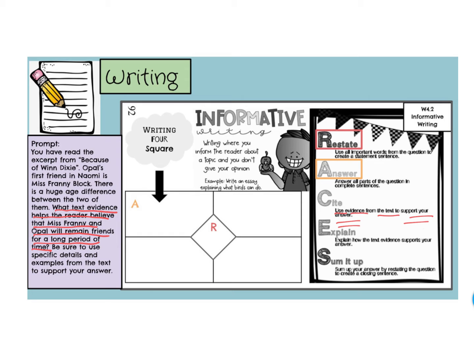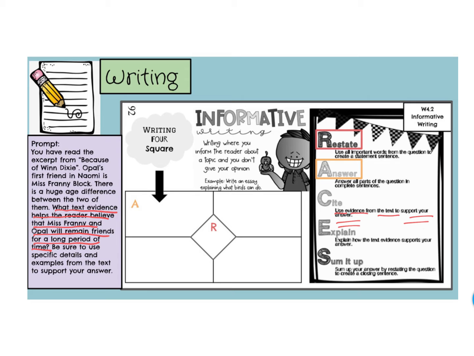So now I'm ready to brainstorm my R in RACES. Use all important words from the question to create a statement sentence. Well, since my prompt is asking me what text evidence helps the reader believe that Miss Franny and Opal will remain friends for a long period of time, I think I need to use those same words in my R.